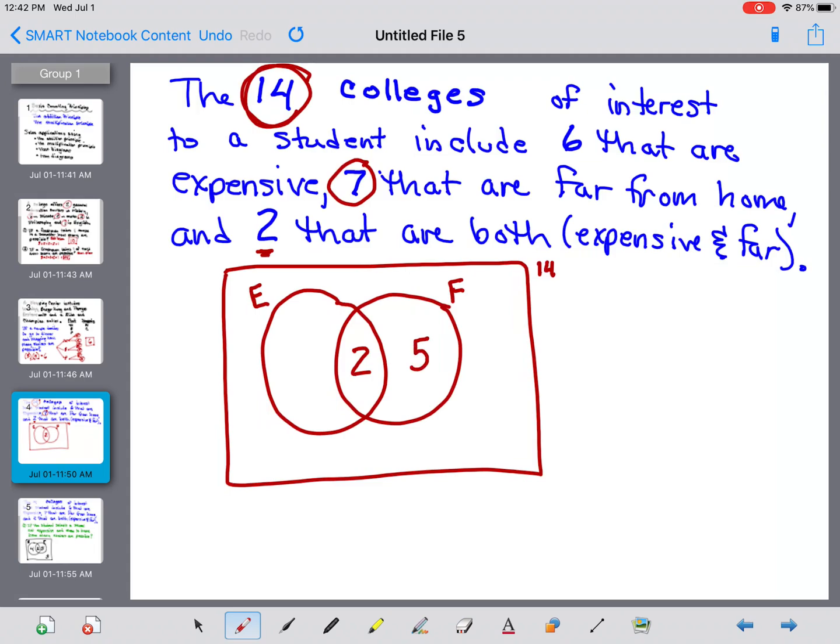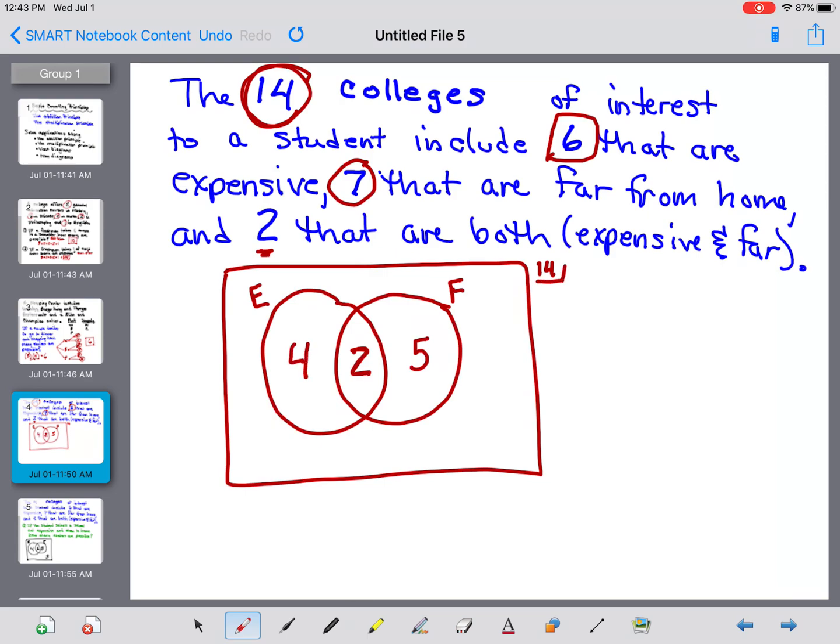Since we already have 2, there's 5 left unaccounted for. That's what's going to go in the part of the circle that is just far from home. So you could say 5 of the schools are far from home, but not expensive. And then, working backwards, there are 6 that are expensive. We already have 2 of those, so that means there are 4 left.